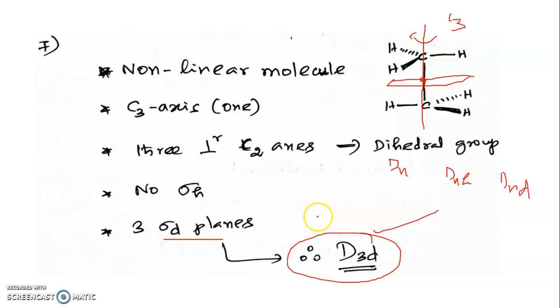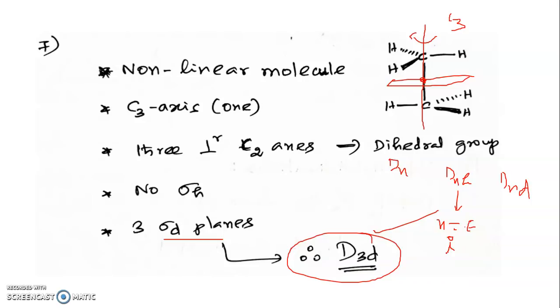One more piece of information I would like to give here. In the Dnh point group, if n is an even number, then the molecule must possess a center of symmetry. For example, the D2h, D4h, D6h point groups.